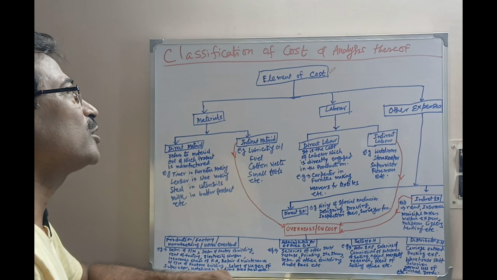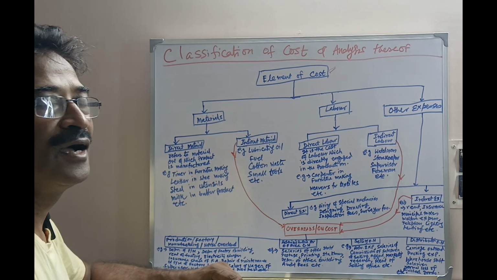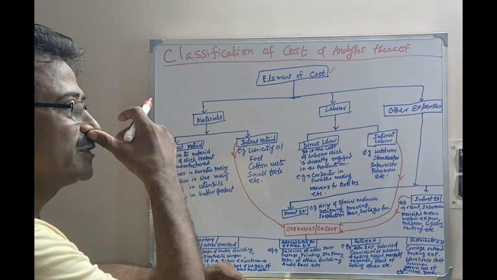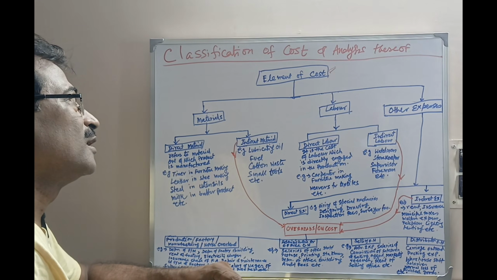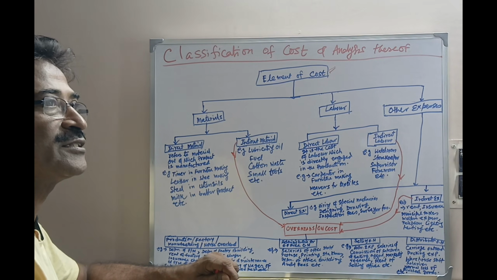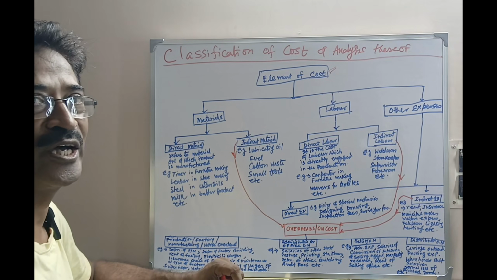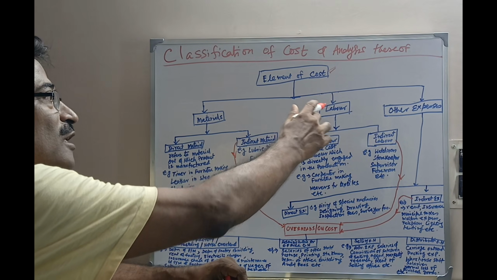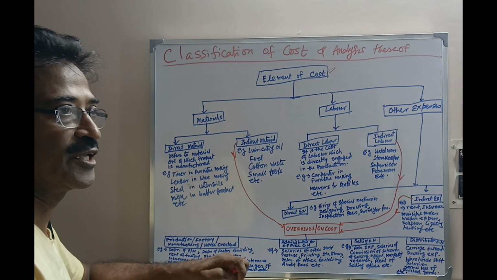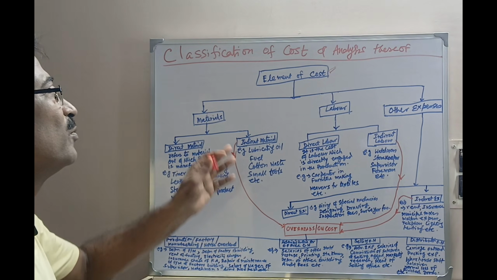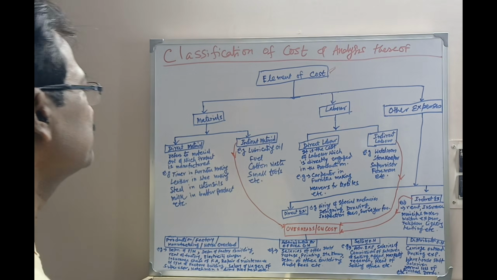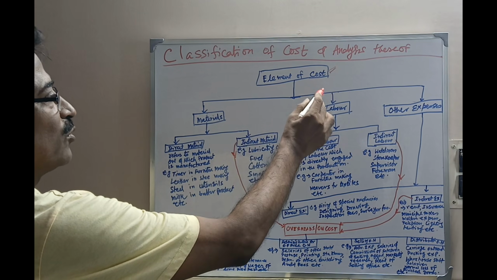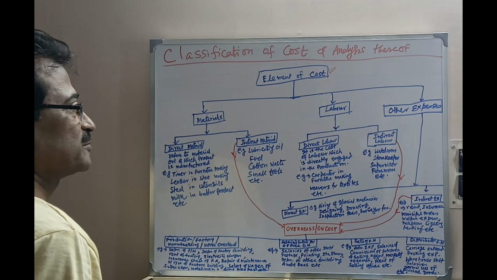The element of cost may be defined as the primary classification depending upon factors on which expenditure is incurred, as for example material cost, labor cost and other expenses. So elements of cost are three: materials, wages and expenses.